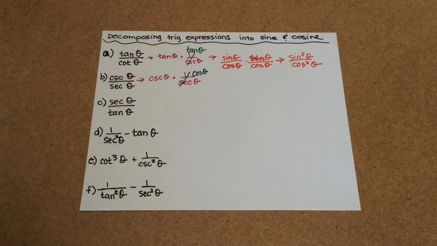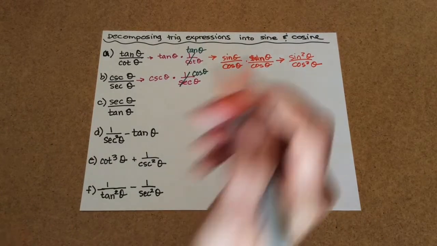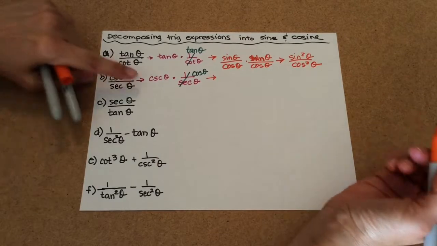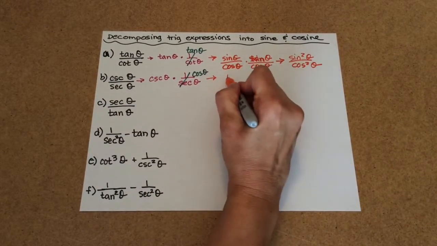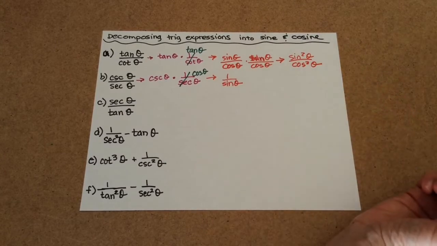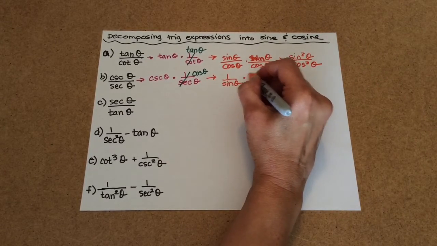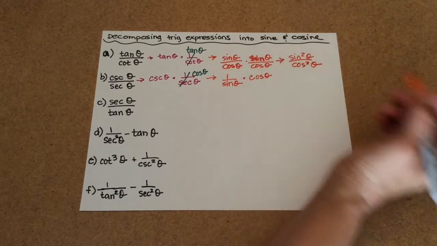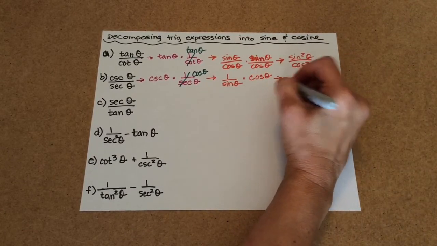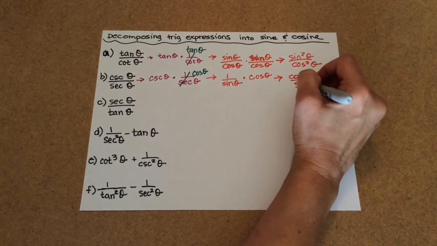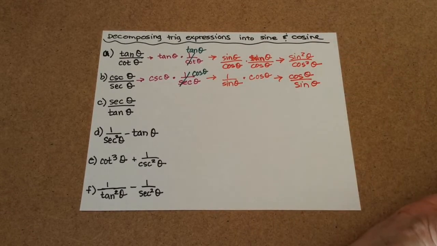And so now we can convert them both into sine and cosine. Cosecant is the reciprocal of sine, so 1 over sine can replace cosecant. And we've already converted 1 over secant to cosine. And now we can just put them back together. Cosine of theta over sine of theta.